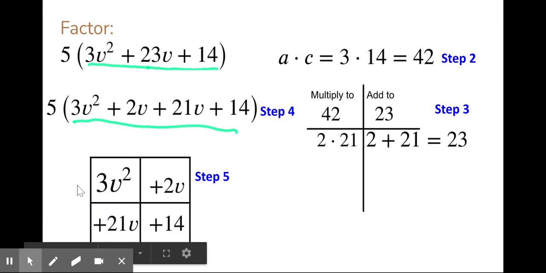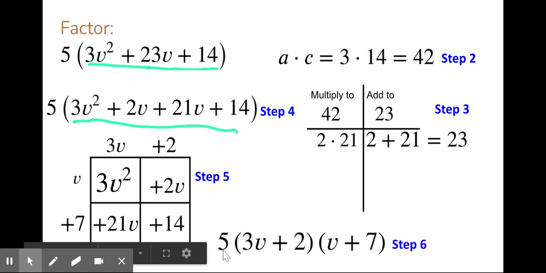The only thing that comes out is v, and then v times 3 is 3v squared, and v times 2 is 2v, and then v times 21 is 21v, and 7 times 2 is 14. Now that we have our factors, our last step is to rewrite it as 5 times 3v plus 2 and v plus 7.